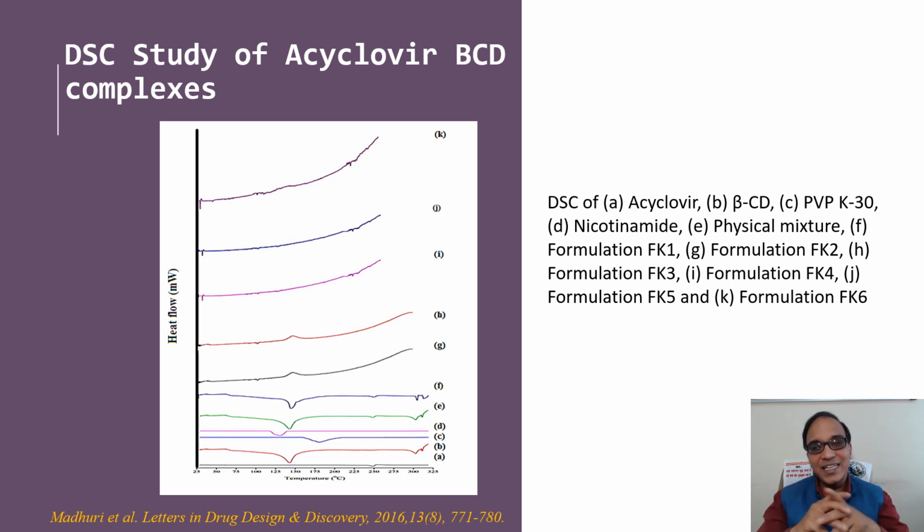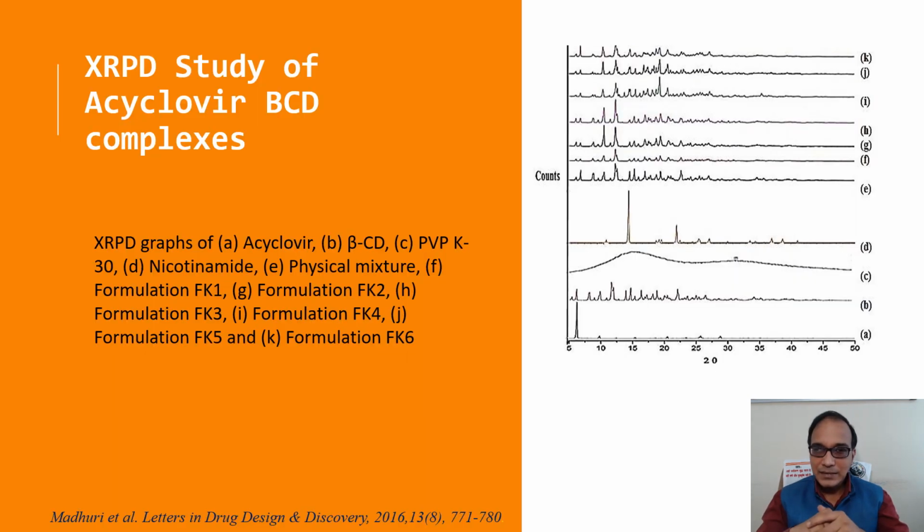You can see that the DSC is clear cut. There is no endothermic peak in the case of cyclodextrin complexation. So it's clear cut that the drug peak has shifted and the endotherm has gone. That endothermic peak is not there in the parent position. So the change is clearly visible in the DSC.